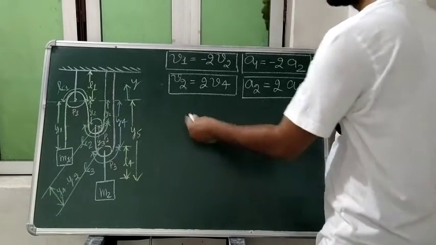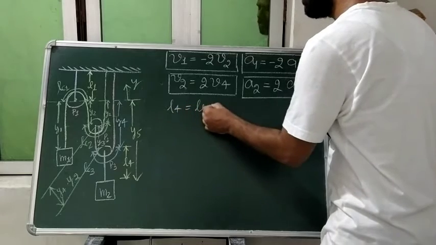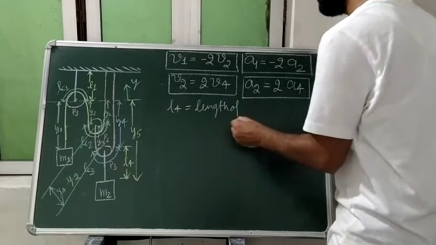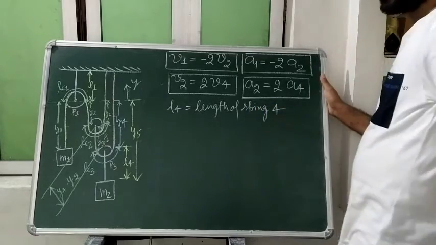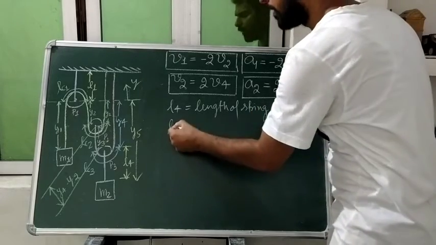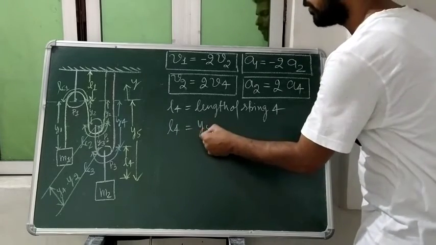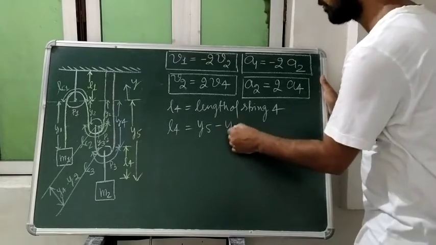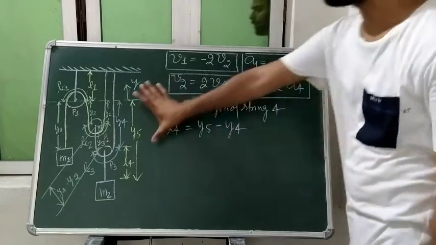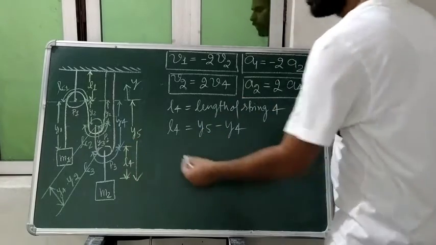Or you can say that L4 is the length of the string 4. So that L4 you can write as what, student? L4 will be y5 minus y4, isn't it? This y5 minus y4 will give you L4.